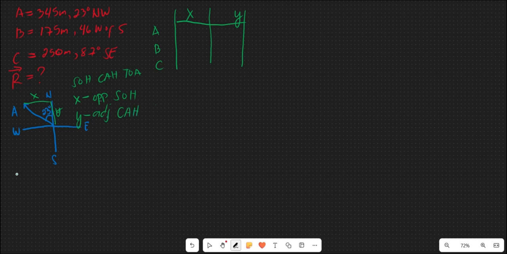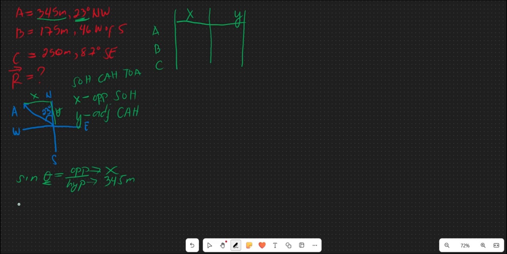To solve for the x component, let's first write the equation of SOH, which is sine theta is equal to opposite over hypotenuse. And we know that the opposite here is our x component, and the hypotenuse is the given magnitude, which is 345 meters, and theta is 23 degrees.